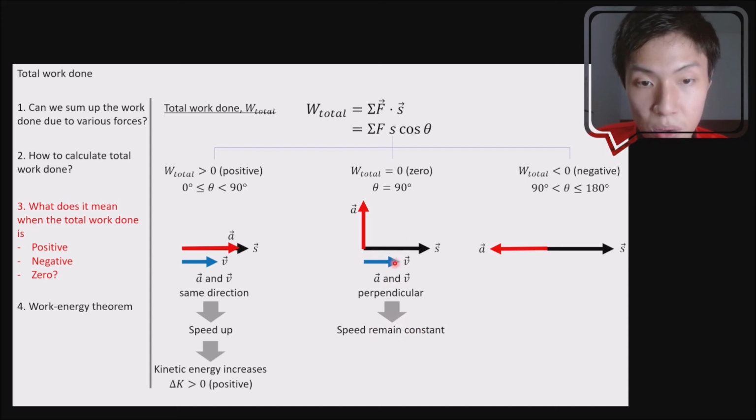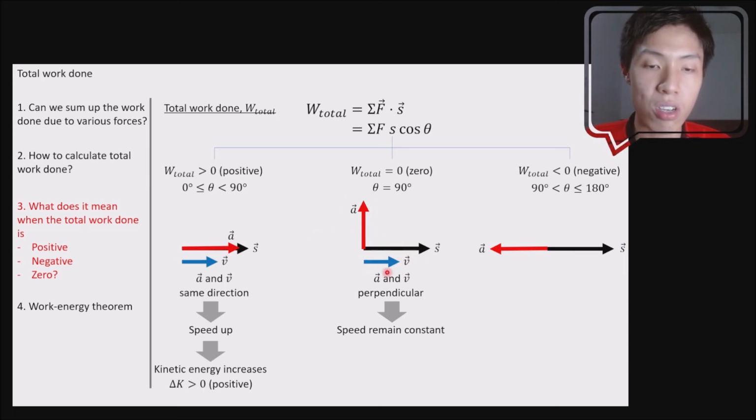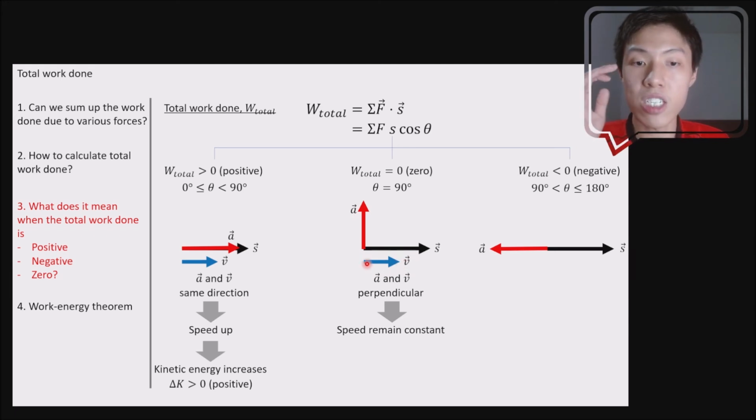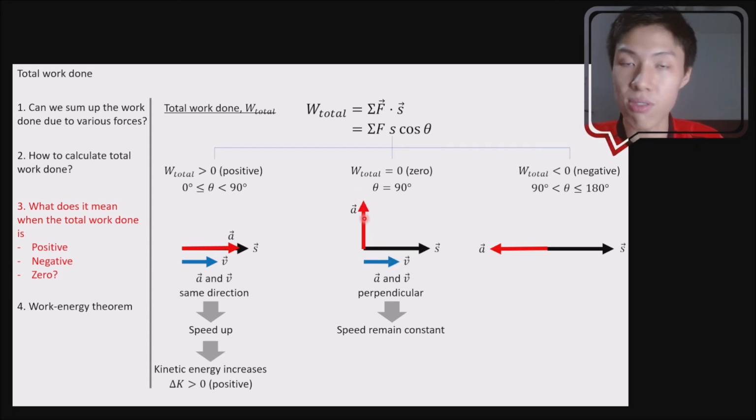Because of this acceleration, your velocity direction will change, but we'll leave that for chapter 6 when we talk about circular motion. For now, you know that if the acceleration is perpendicular to the velocity, the speed will not change. The magnitude of the velocity will remain the same, but the acceleration will cause a change in direction. But that's for chapter 6.